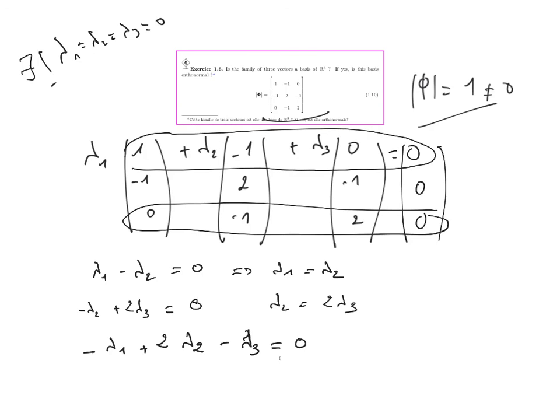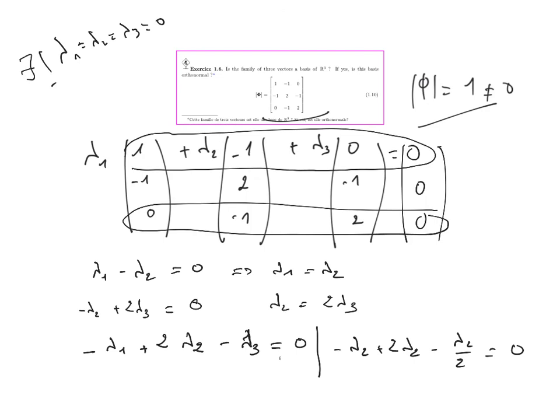And then we can replace in this equation lambda 1 and lambda 3 by their expression in function of lambda 2. And then we have minus lambda 2 plus 2 lambda 2 minus lambda 3. So this is minus lambda 2 over 2 equal to 0.